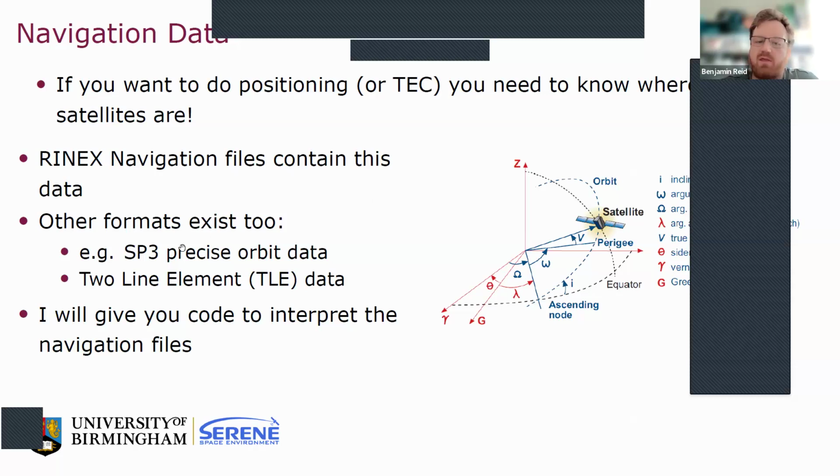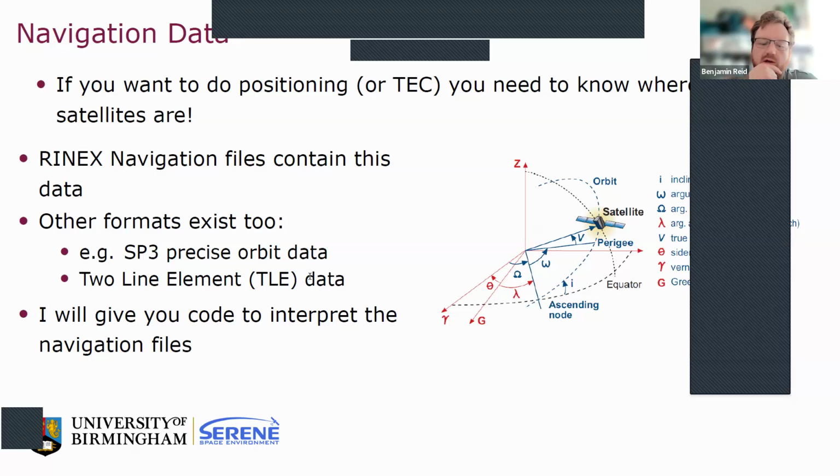There's something called an SP3 file, which is produced much later after the fact. It takes a few days for them to be made, but they're very, very precise. If you need to know exactly where a satellite is, they're very good, but I think they're only for GPS and maybe GLONASS. You can use two-line element data, which is what people use for orbital prediction.